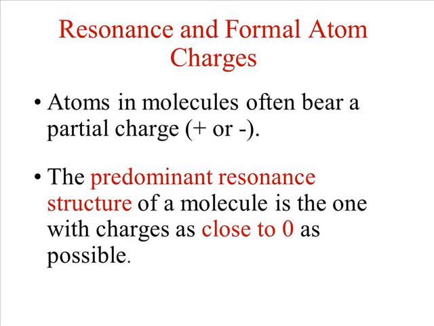To determine the preferential resonance structure, if there is one. Now, in the three we just looked at, they're all equivalent, but sometimes you have one that's better than the other. You use the idea of formal charge and try to get atoms with formal charges as close to zero to give you the dominant form.